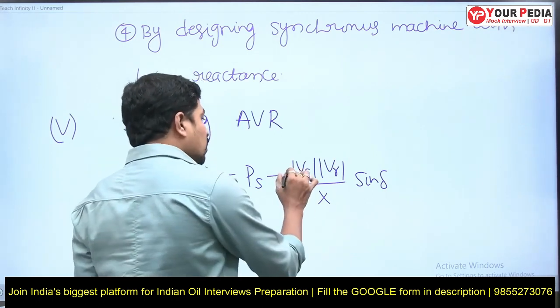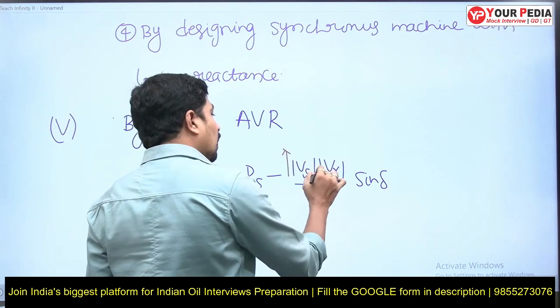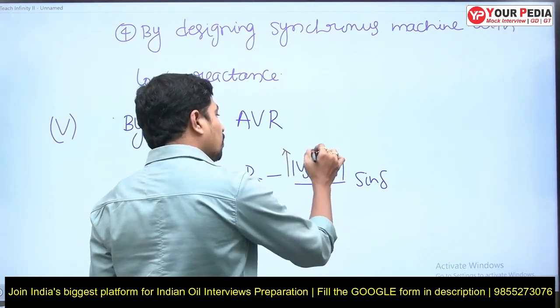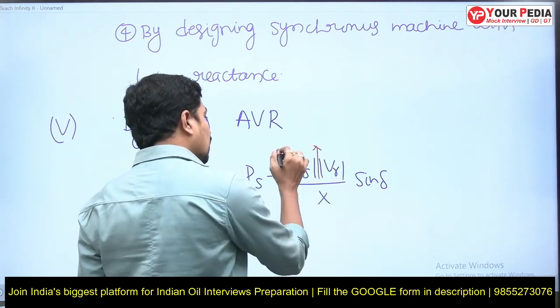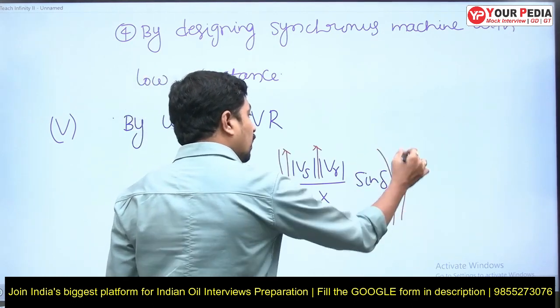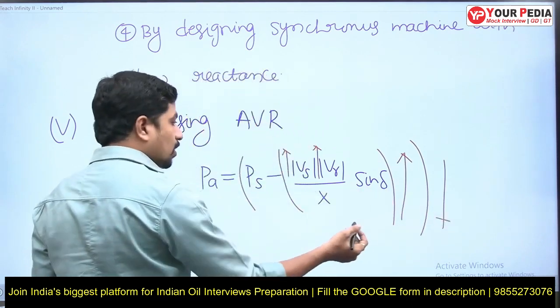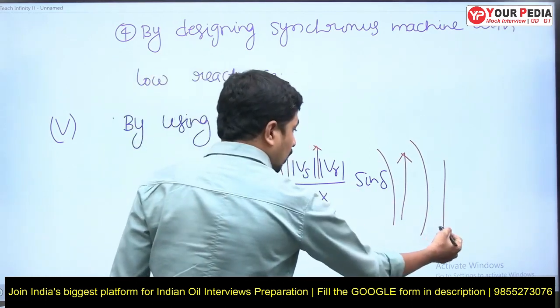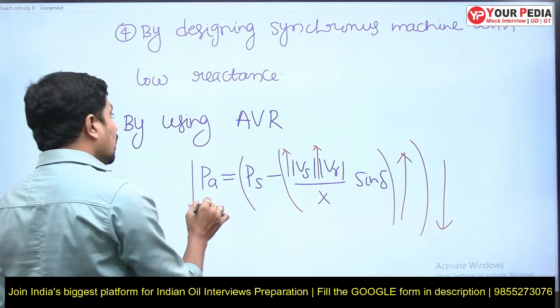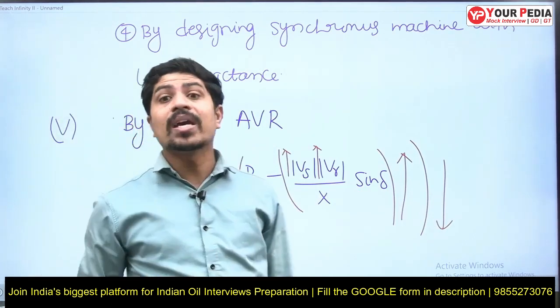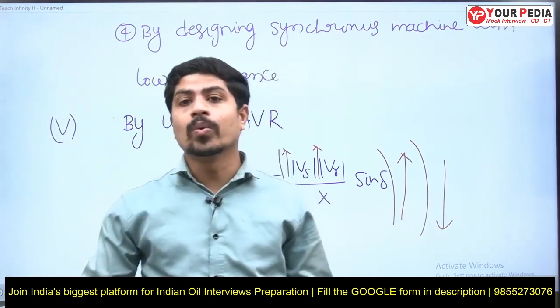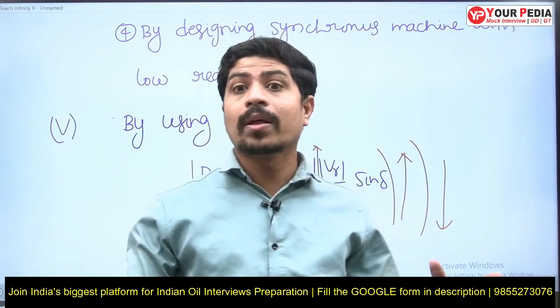At that time, by using the automatic voltage regulator, we will increase this Vs. If Vs increases, obviously Vr also will increase. Then this total part will increase, then this entire PA will decrease. You can observe carefully, PA is decreasing. If PA is decreasing, stability will improve. This is one of the methods.